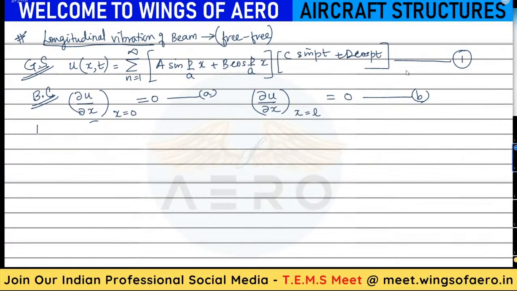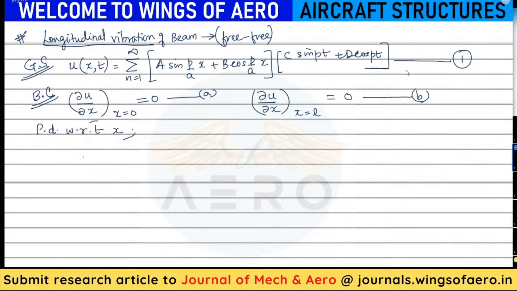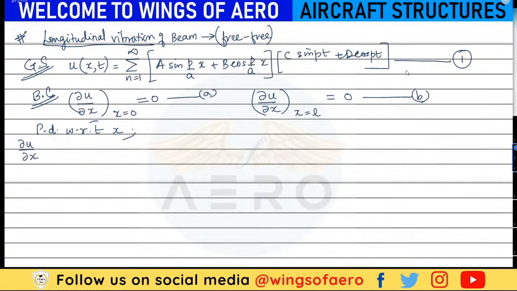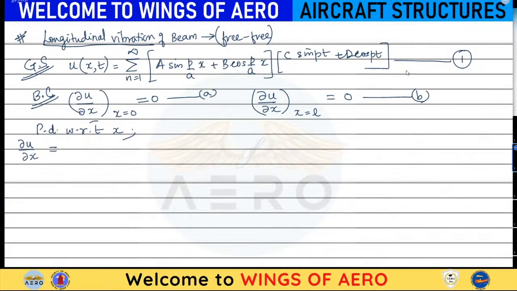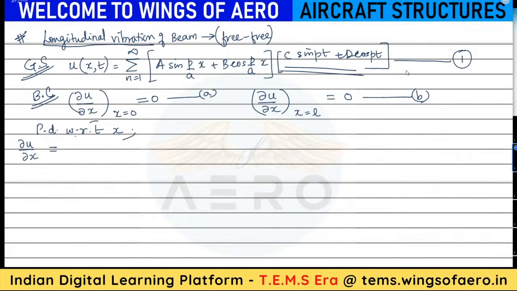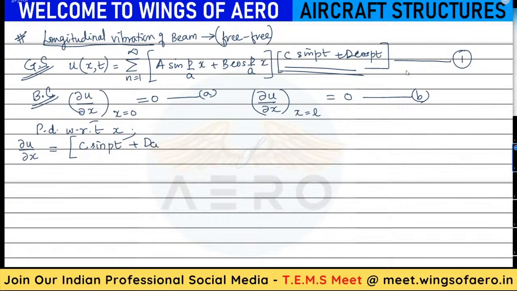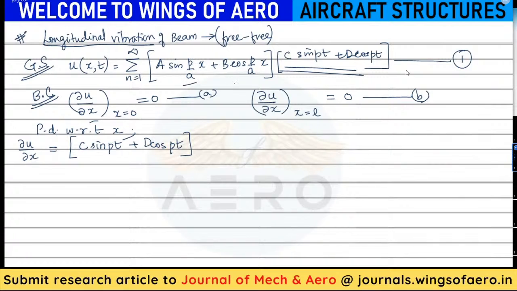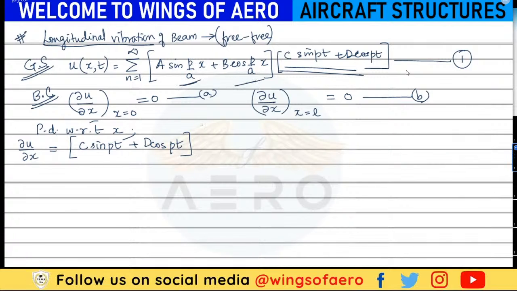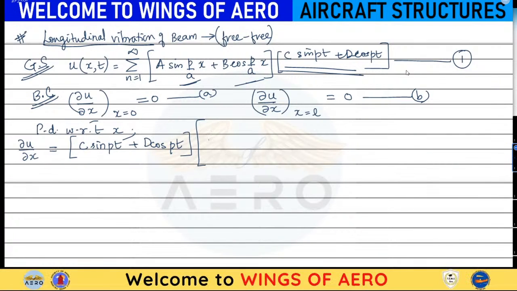So I'm going to partially differentiate with respect to x. When we do dou u by dou x, this is a constant term, so I can simply write it ahead, plus d cos pt. Now I'm going to differentiate these two. What will be the differentiation of sine p by a x?